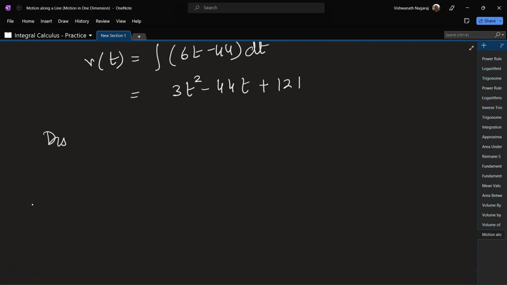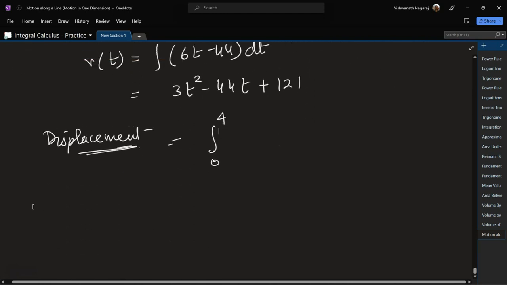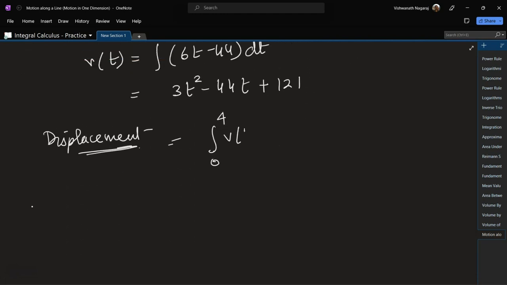Let's figure out displacement. This is equal to the integral of 0 to 4, that's the interval we have been given, of v of t dt, which gives us 3t cube by 3, that is t cube, minus 22t square plus 121t from 0 to 4.